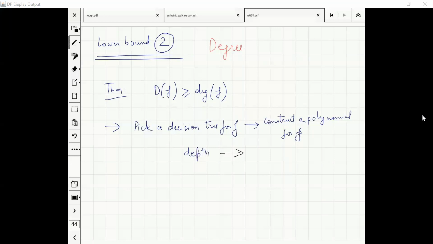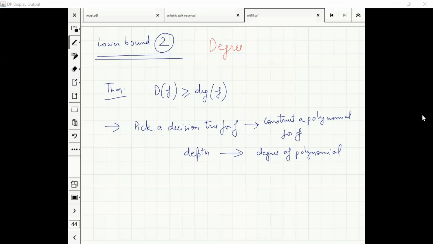Before we do that, I just want to emphasize that while you do this construction, you have to remember that the depth of the decision tree should transfer to the degree of the polynomial. And the transfer is very simple. I think a few of you have already guessed it. It is given as an exercise.